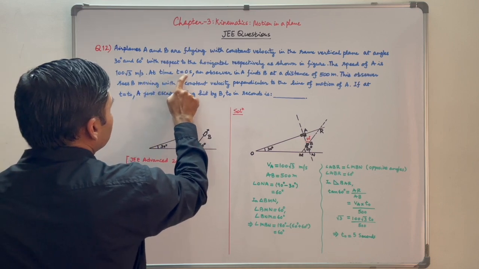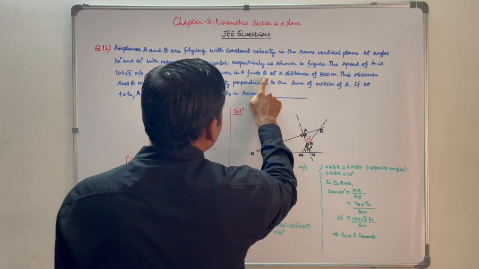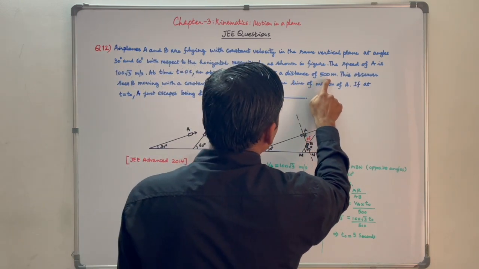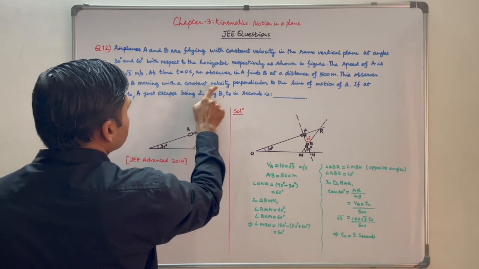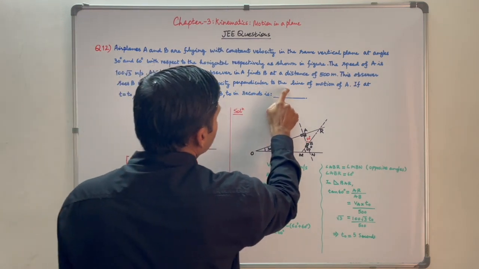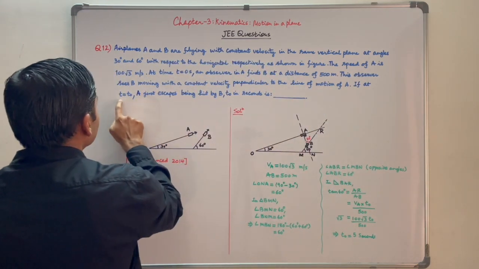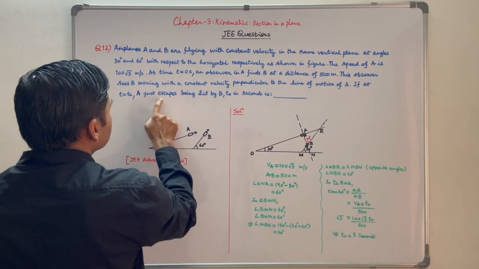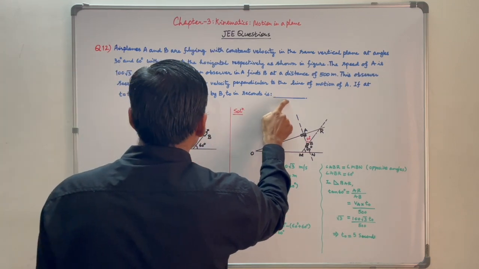At time t equal to 0 second, an observer in A finds B at a distance of 500 meter. This observer sees B moving with a constant velocity perpendicular to the line of motion of A. If at t equal to t0, A just escapes being hit by B, t0 in seconds is.